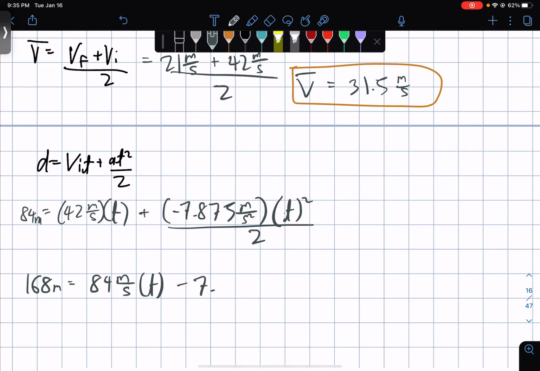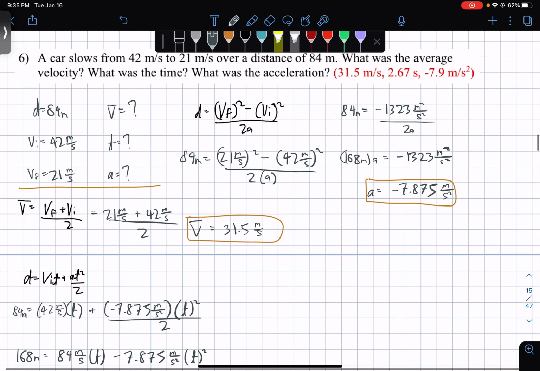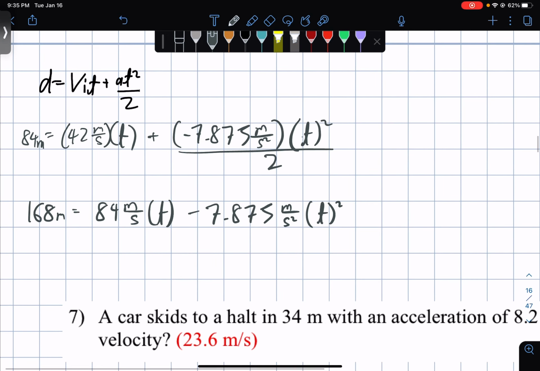Make this a minus. Factor out. Well, no. We can't really factor out at this point. Square root, perhaps? This is so weird. I'm thinking of solving using the quadratic formula or factoring, but that's just so weird.